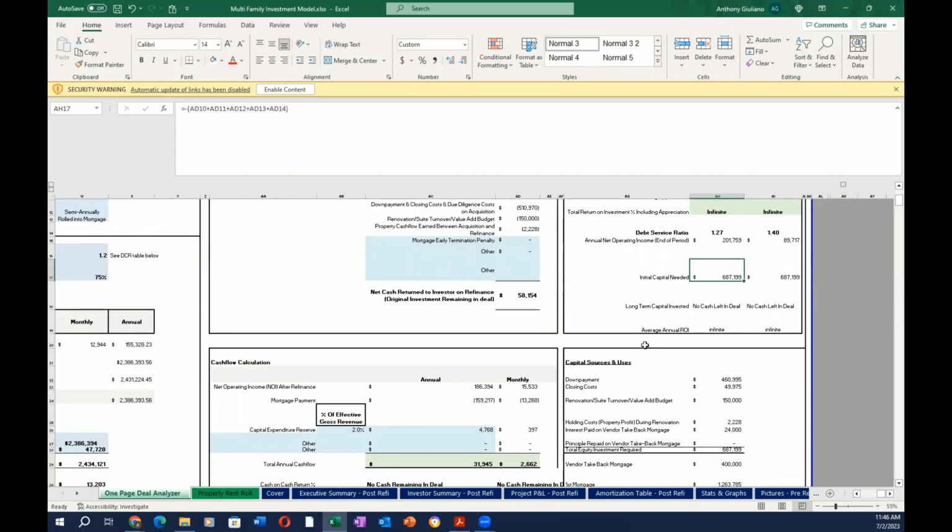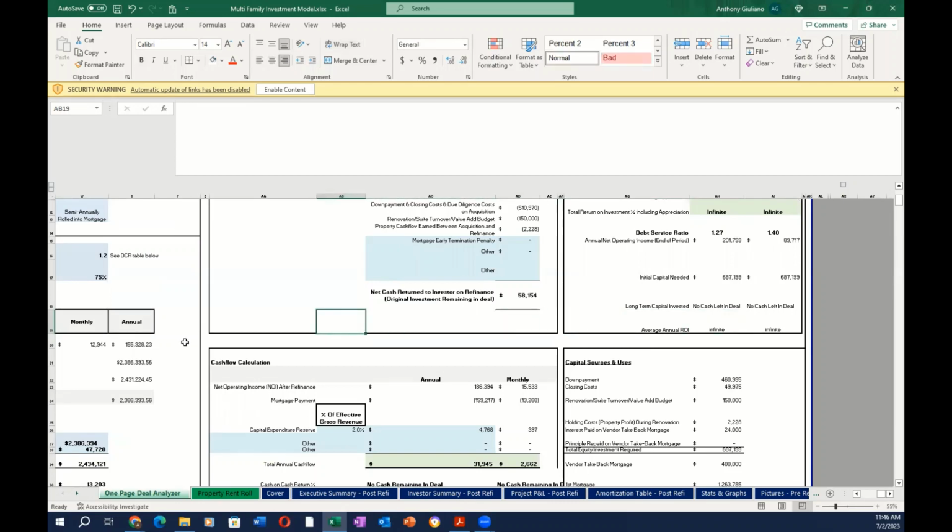That roughly came out to about $687,000 in total capital that will need to be raised from investors to do the deal. But the good news is that there's no money left in the deal once it's done. Now, because this deal had no money left in the deal, the ROI was actually infinite.